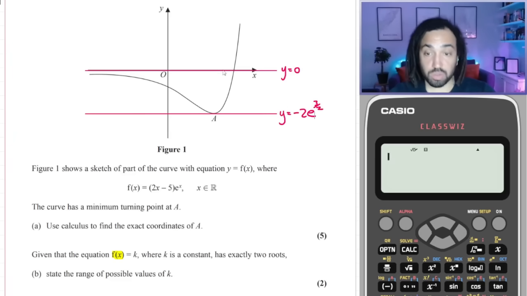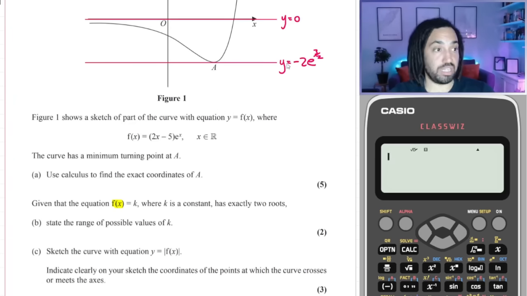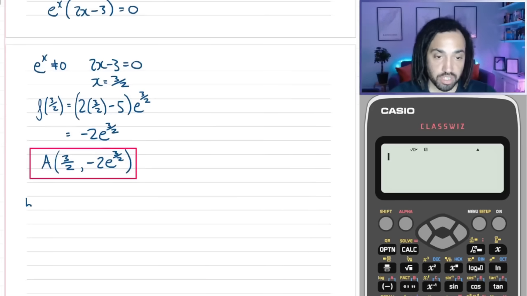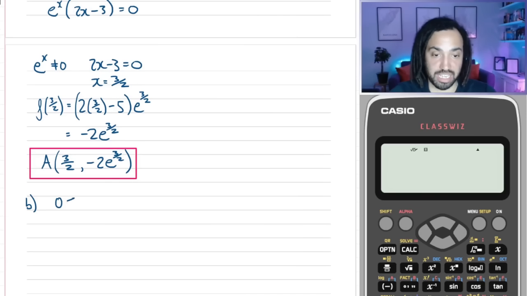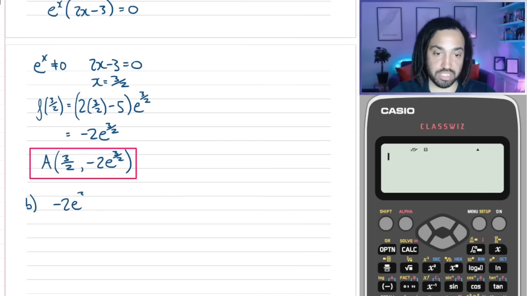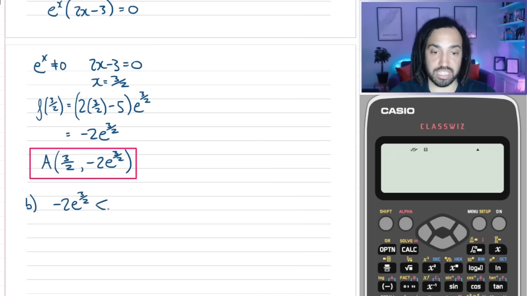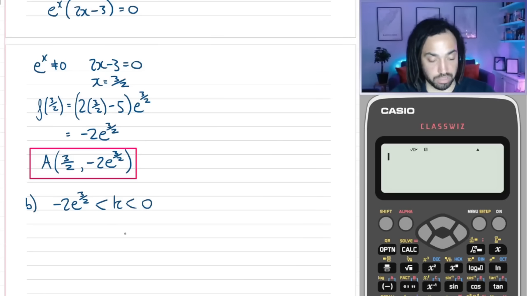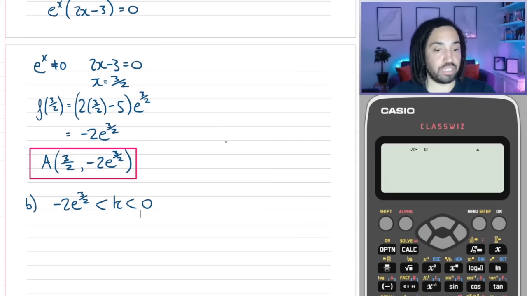So therefore, we can say that k needs to be in between these 2 points. So for part B, we can say that k is in between, let's do the smaller one first, minus 2e to the 3 over 2 is less than k, which is less than 0. So it's in between those 2 points. Okay, perfect.